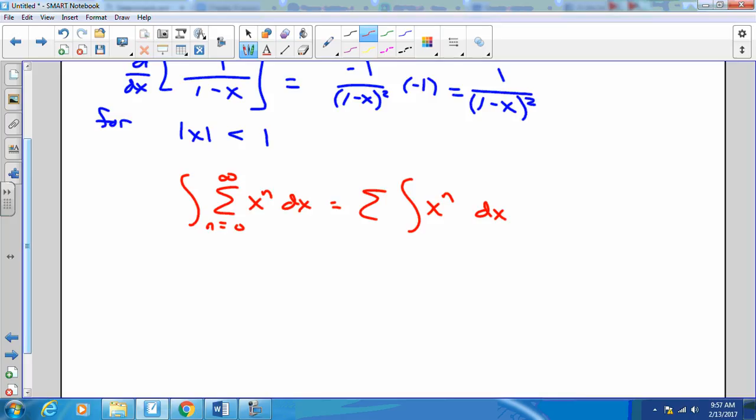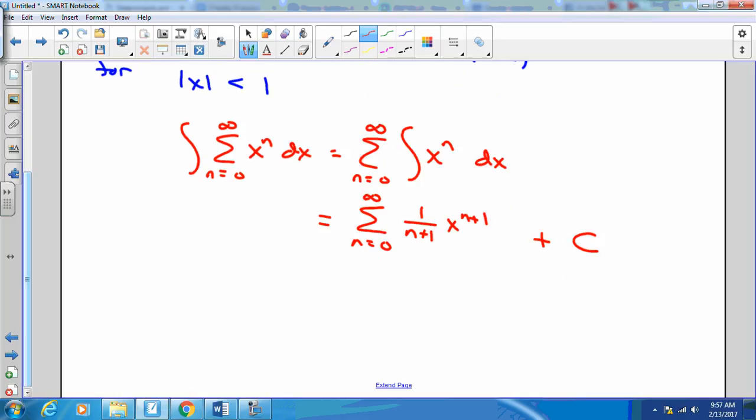And that is that if I integrate the geometric power series here, then what I get is a term at a time integration of each term, plus the mandatory constant. So in other words, power series behave themselves very well. I can take derivatives, I can take integrals, don't forget your C, and there it is.